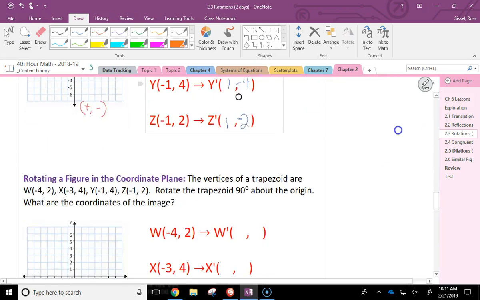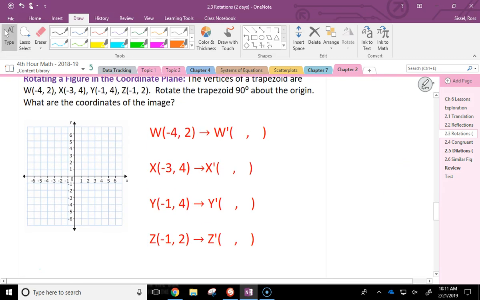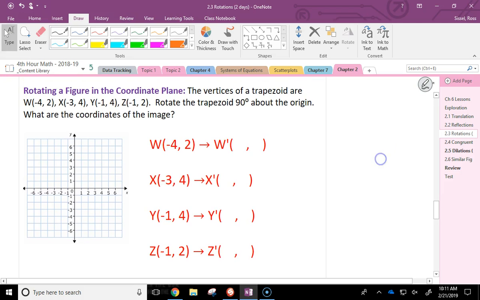So let's try this. On this first one, the vertices of the trapezoid are, so we're still at our exact same place, -4, 2. -3, 4. -1, 4.